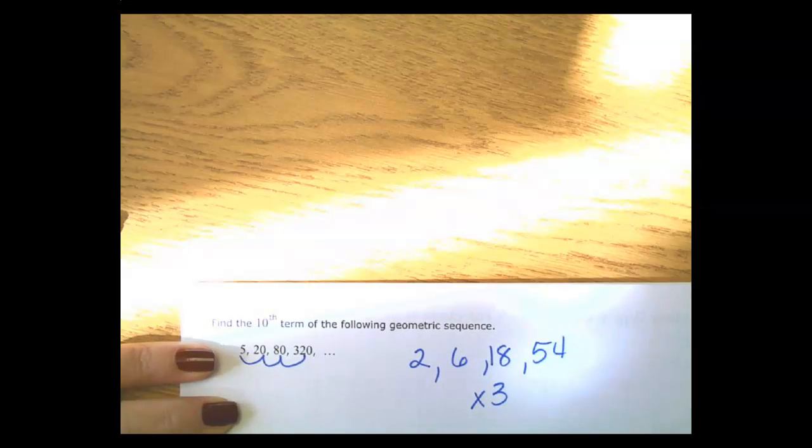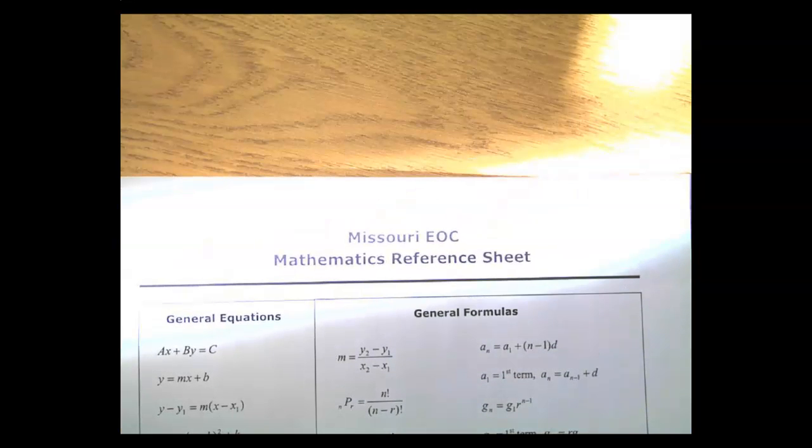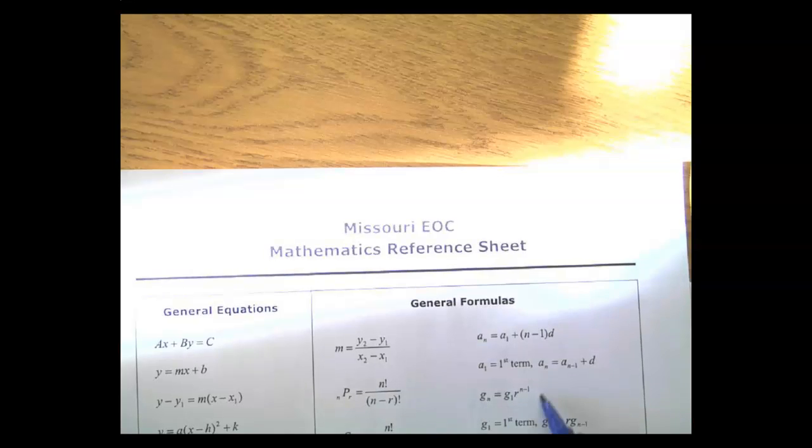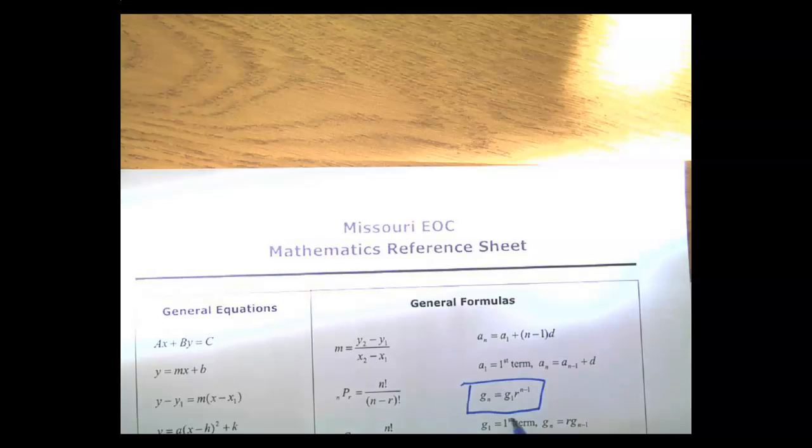Now, again, we did this a while back. It is a geometric sequence because it's multiplying. And here is the formula right here. So G, my geometric sequence, is my G, my first term, times that rate.